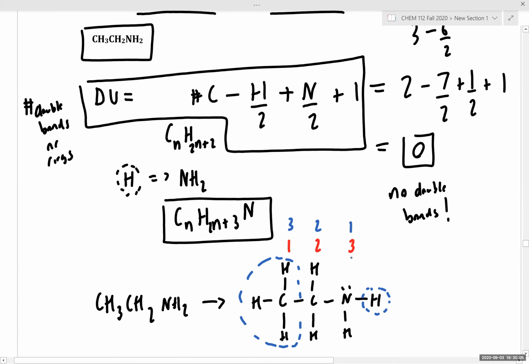The reason why this works is nitrogen has number 3, while the carbon attached to this methyl group has number 2. So this swap is okay.